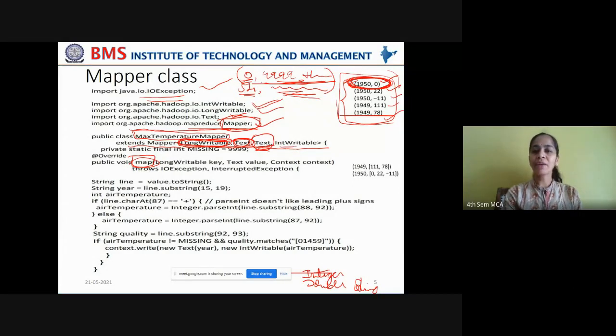That is why we take a normal integer data type, and for that in Hadoop, we use IntWritable. So this is the key value pair that is taken as input by the map function, and this is the key value pair that is given as output by the map function. It is as easy as that if you understand.